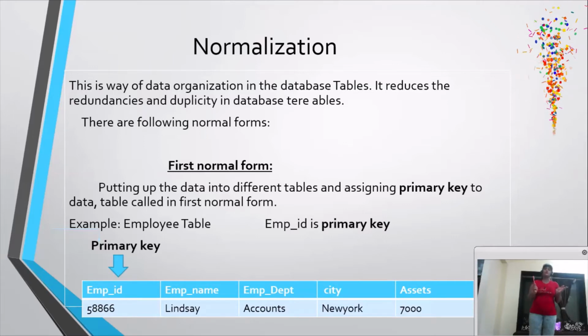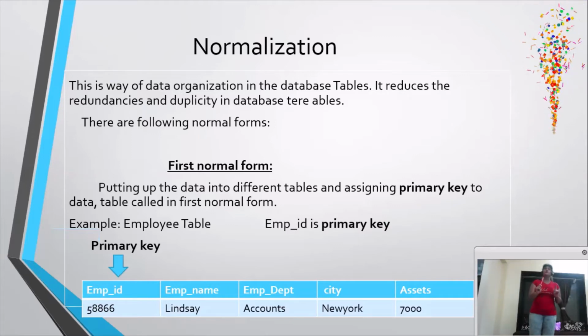If we want to get the record of a particular employee, how will we find it? Suppose we are taking this table: employee ID, employee name, employee department, city, assets. This is our table, and in that we have employee ID, and we made it the primary key.